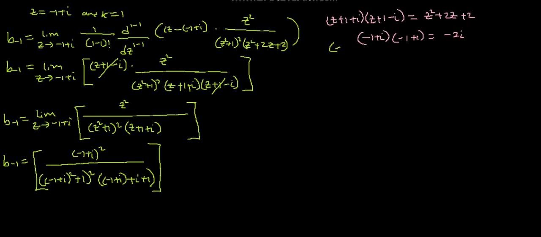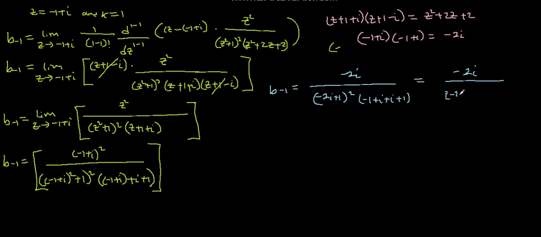So that means b minus 1 reduces to minus 2i divided by minus 2i plus 1 all squared, into minus 1 plus i plus 1, which is 2i. So we have minus 2i divided by minus 2i plus 1 all squared, into this.